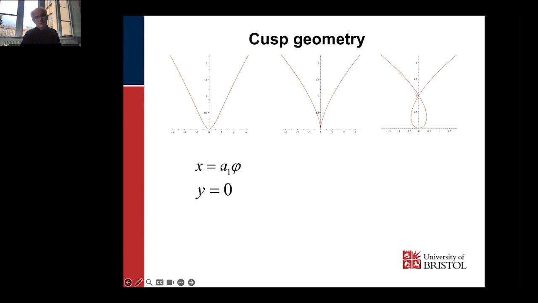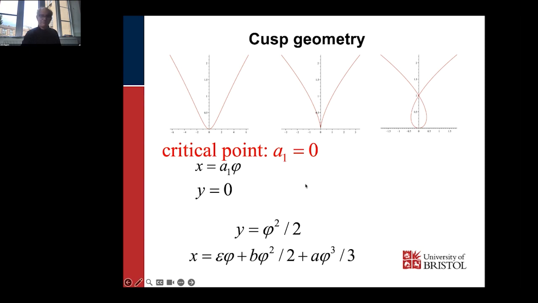So if A1 is 0, then of course nothing is left here, which simply means that I have to press on and add corrections, higher order terms. So that's what I'm doing. The critical point of this mapping would be A1 equals 0, which I now call epsilon. And so here I have x equals epsilon phi.